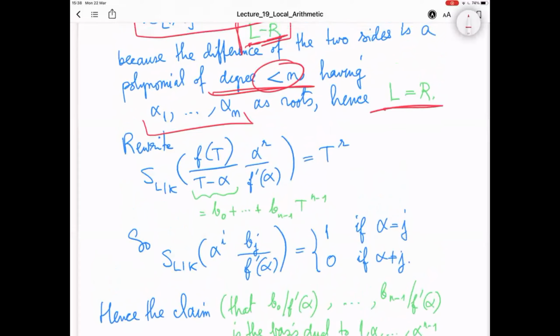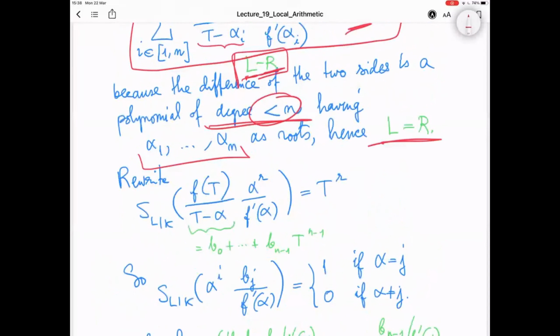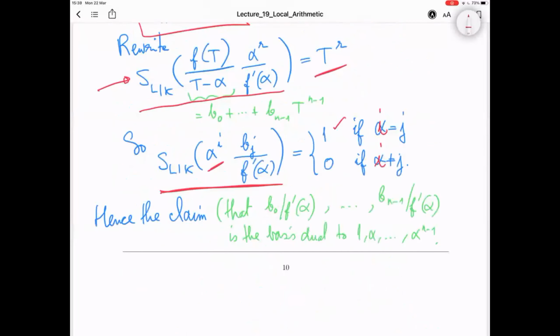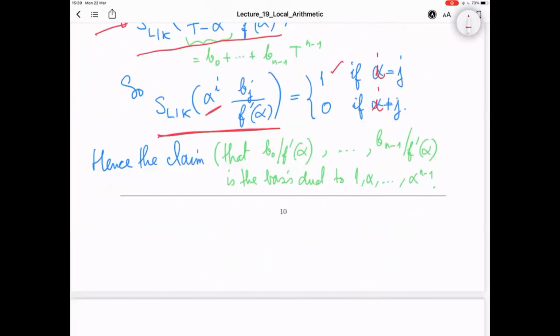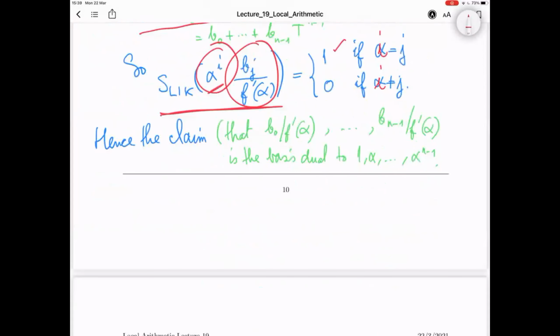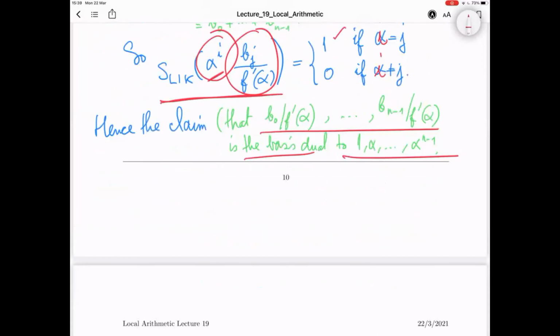Or in other words, it says that the trace of alpha to the i times beta_j divided by f prime of alpha is equal to 1 if i is equal to j, and it's equal to 0 if i is different from j. Okay? So this is what it means to say that this is the dual basis of this one. So these things constitute a basis which is dual to this given basis.